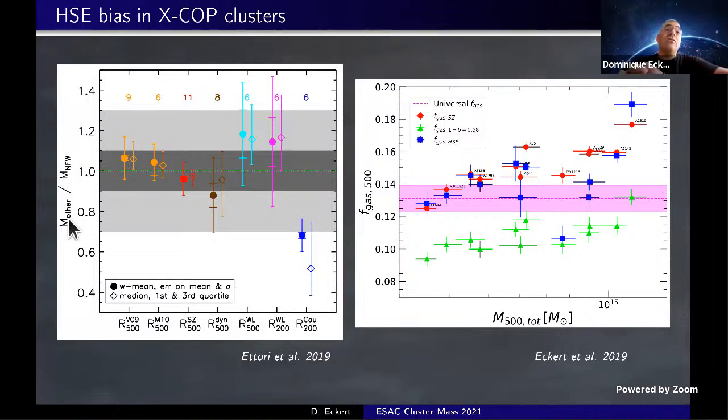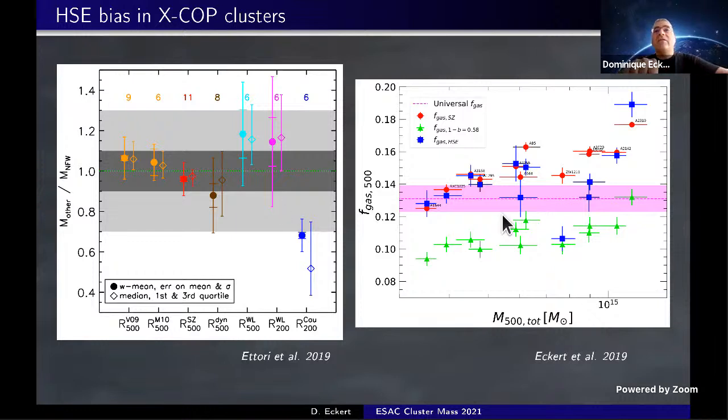And this is the ratio of the other masses to ours. And you can see we are always within 10, at maximum 15% difference with the other methods, meaning we think that the hydrostatic equilibrium deviations in this sample are quite low.